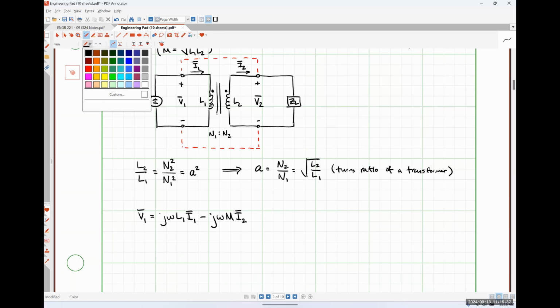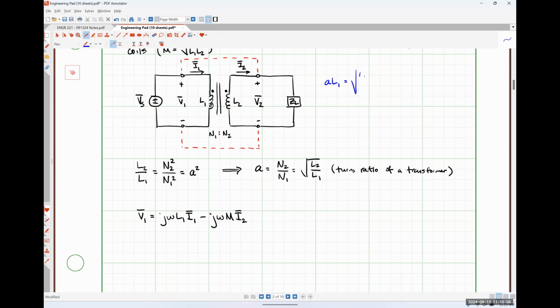If I have A times L1, that would be the square root of L2 divided by L1 times L1.